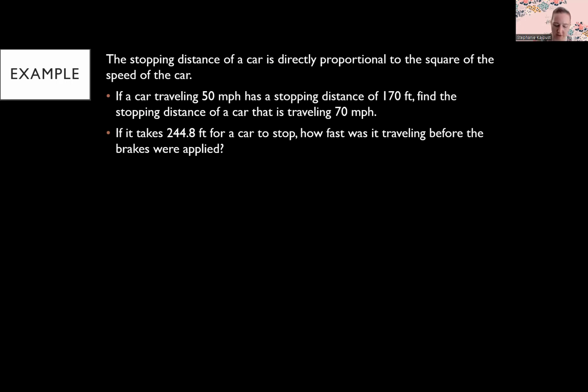So we'll start with the first sentence here, and I'll do the highlighting thing again. We've got the stopping distance of a car. So that is the first unknown or the variable that we have. So that is D. I'm going to use D for stopping distance. And then we've got the word is.